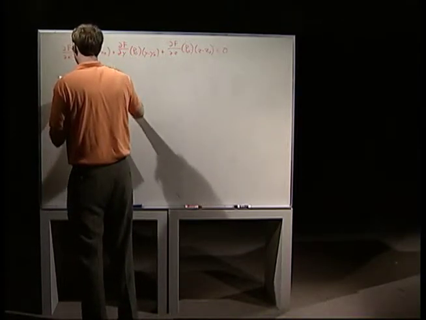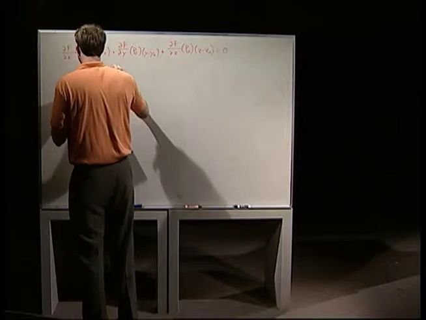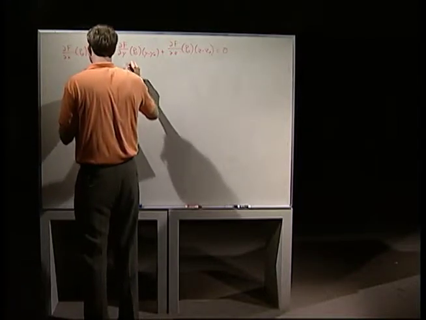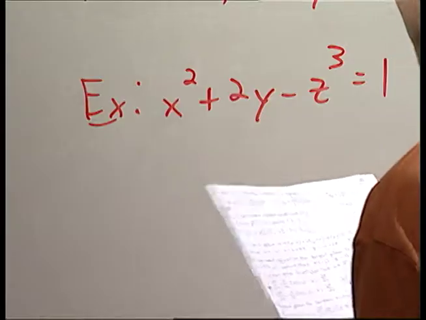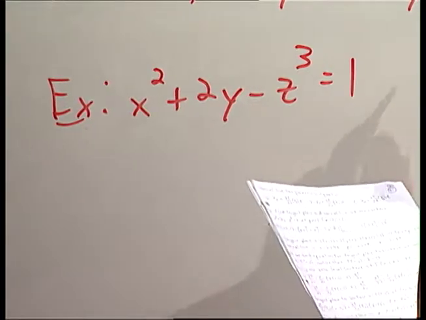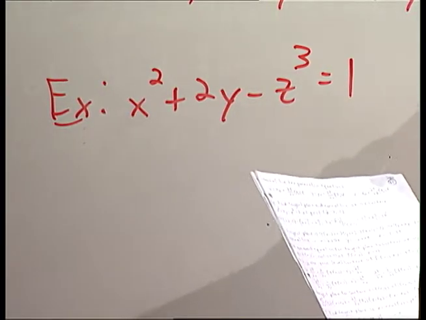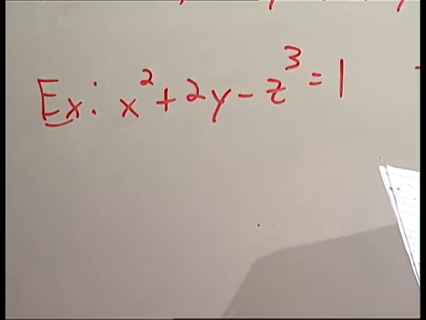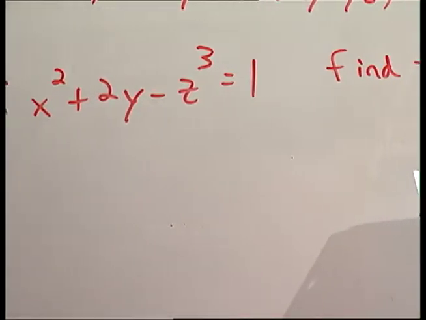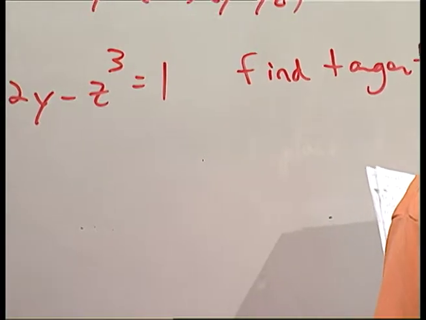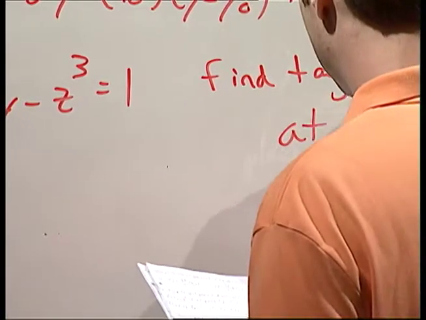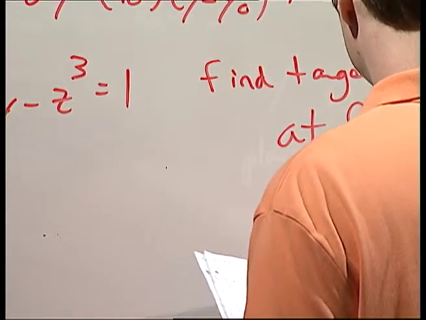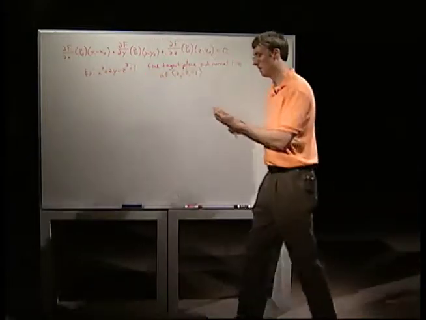How about x squared plus 2y minus z cubed equals 1? Let's find the tangent plane and normal line at the point (2, -2, -1).